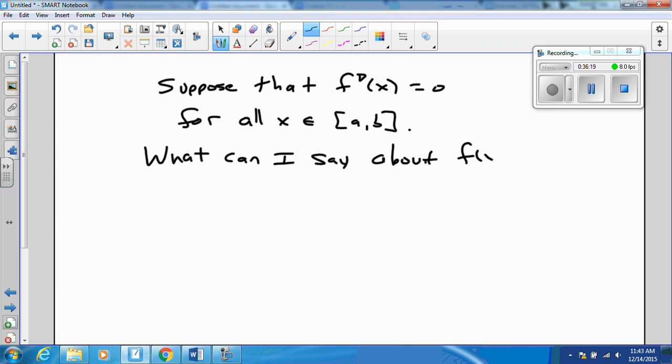What can I say about f of x? Now, before we answer this question, what I'd like for you to do is to try to draw a function whose derivative is 0. In your notes, please. Draw a function whose derivative is 0 for every single point on the interval a to b.